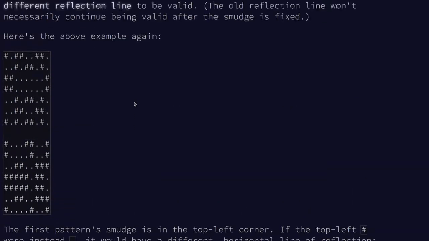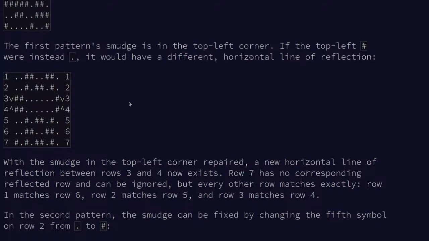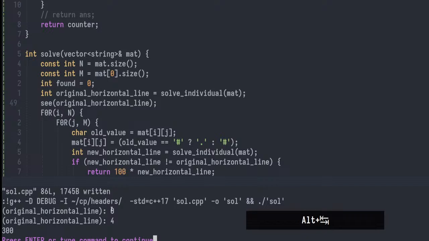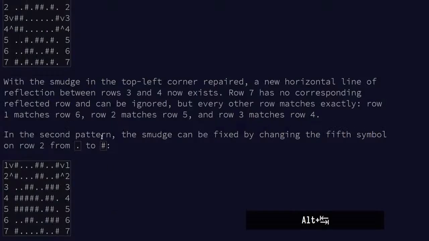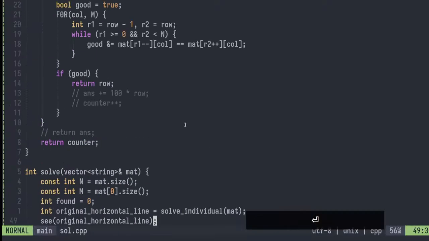For this, zero and 4. Why is it 0? Should the answer be... why is it 0? It should be 1 and above only, right?